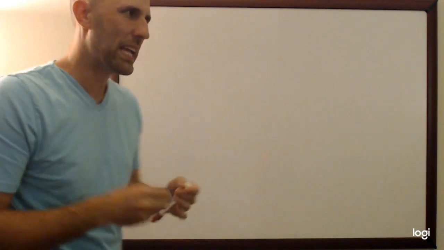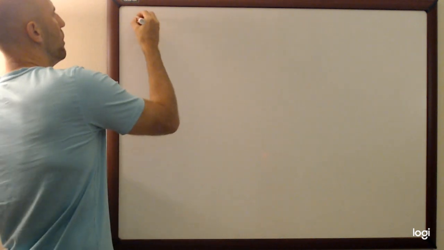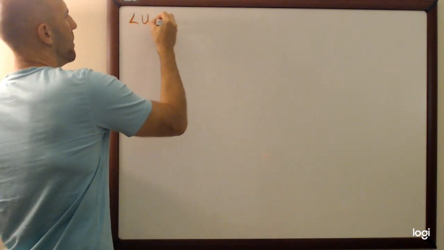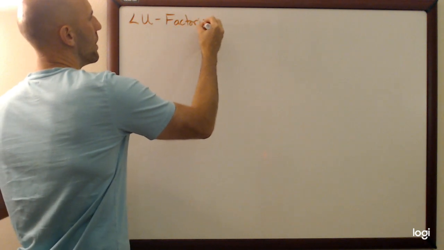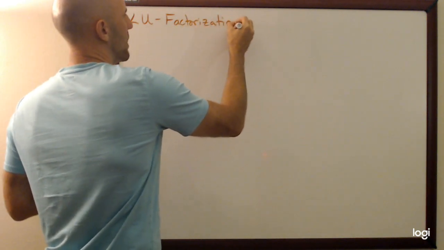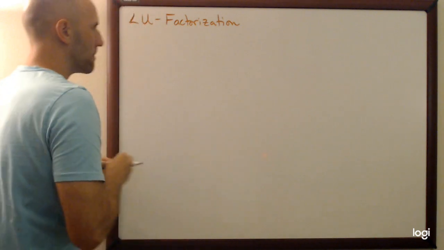What we can do is something called LU factorization. Okay? I should point out there are more than one type of factorization for matrices. This is just the best. This is the one we're going to learn in this section.